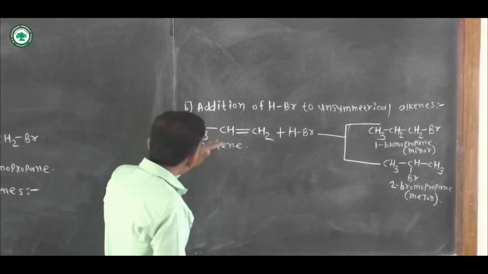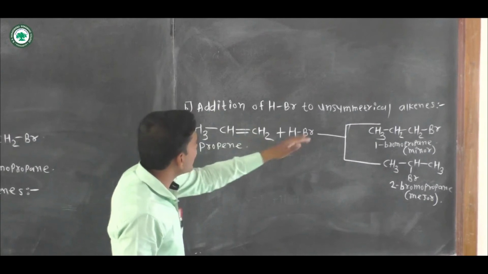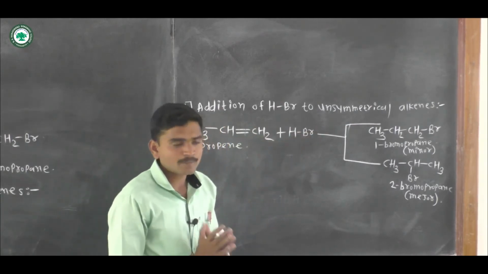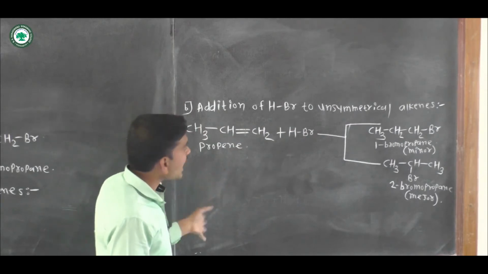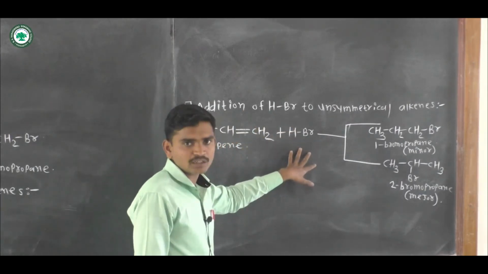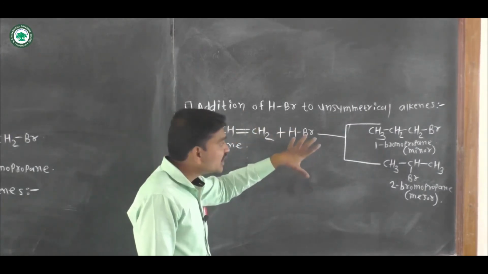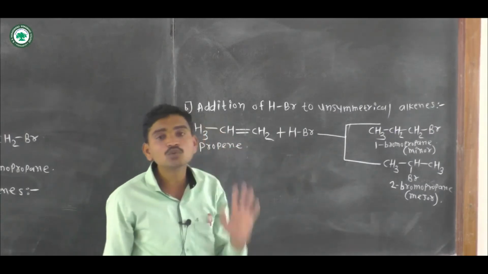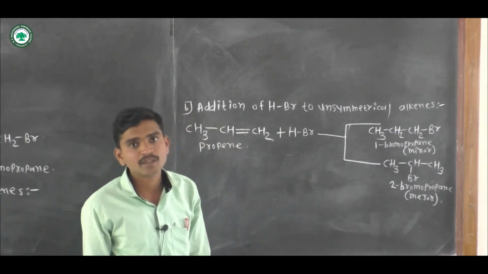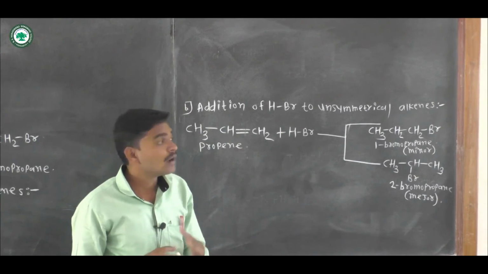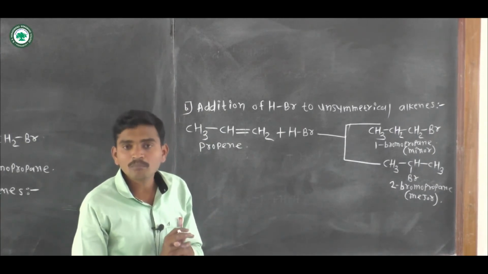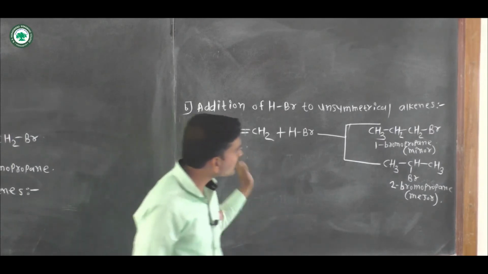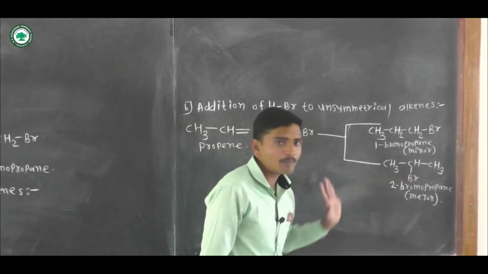When addition of HBr to unsymmetrical alkenes takes place, two products are formed, a major product and a minor product.